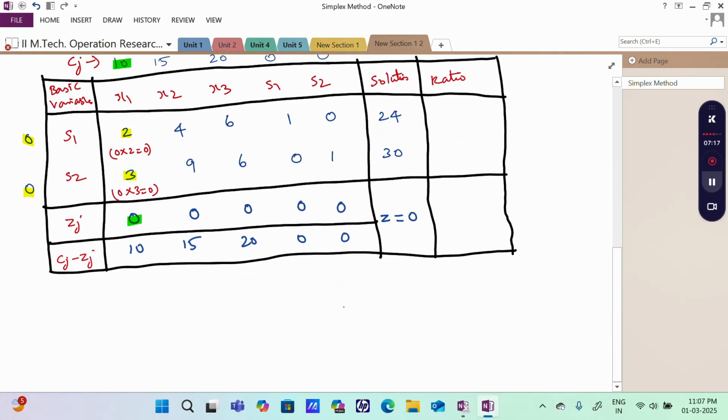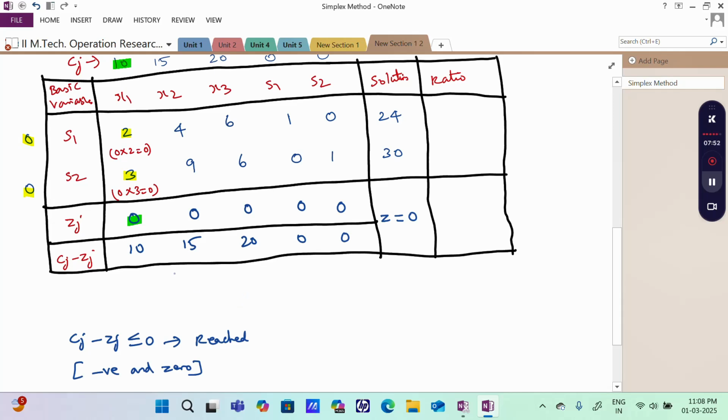Now, when Cj minus Zj is less than or equal to 0 for all entries, then we have reached the solution. What is the meaning of reached? We have reached the answer. When the values are negative or 0, then the problem is over.